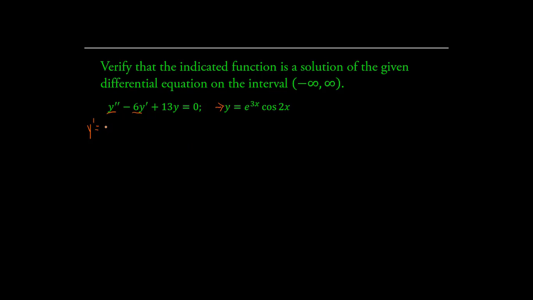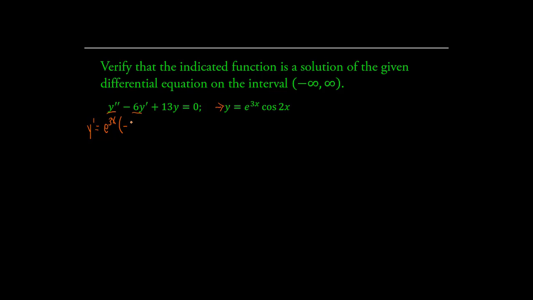With the product rule, I am going to hold or not change e to the 3x, and I am going to multiply that by the derivative of cosine 2x. The derivative of cosine is negative sine. We're going to have to use the chain rule because we have 2x inside of the function cosine.